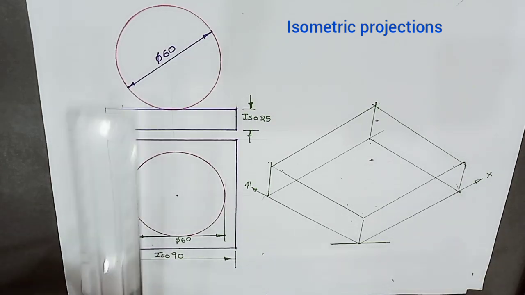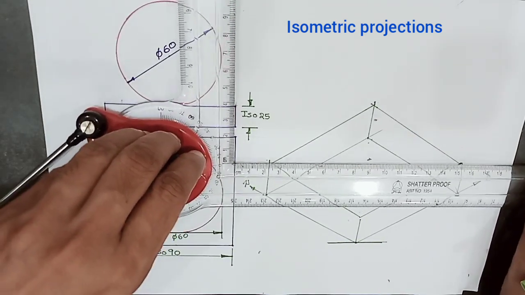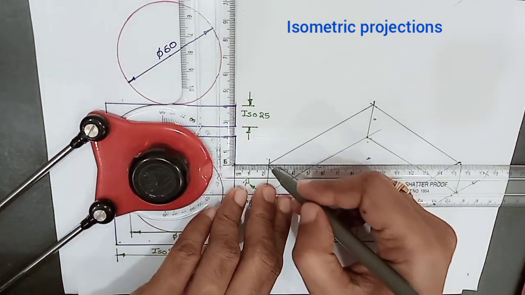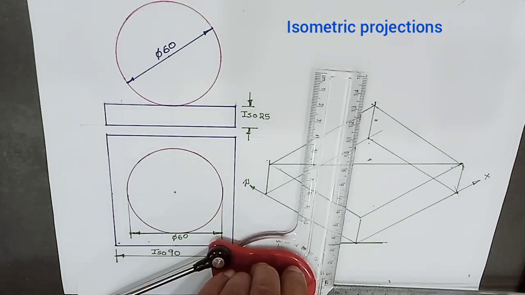After that, join the two diagonals at the top face.